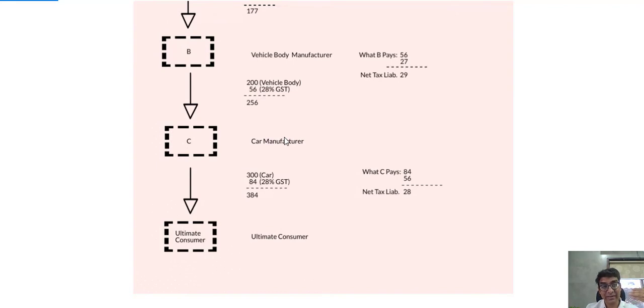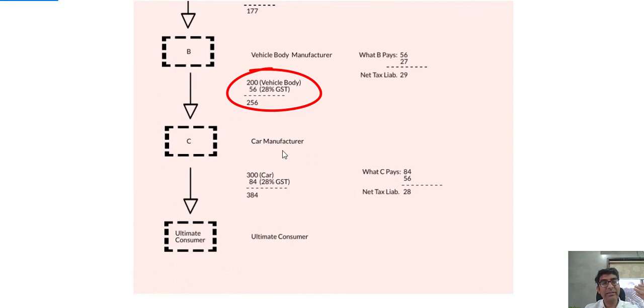So Hyundai has paid 200 rupees towards the vehicle body and 56 rupees towards tax. Once the vehicle body is in Hyundai's factory, he adds all the gizmos that go into the car: the engine, the glass, the battery, the tires, and all these things. And he basically adds value to the vehicle body.